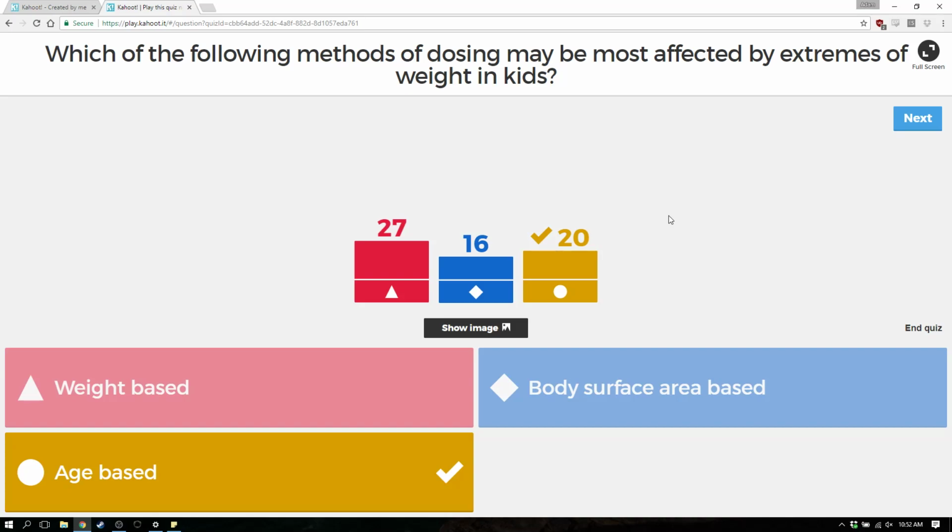Just remember, their height, right? So you're factoring in their height and their weight into the body surface area calculation, so that helps to lead to those changes in weight having less of an effect on that, right? So it's very easy if you're just doing age-based dosing to under or overdose kids by even moderate shifts in weight, okay? So good to remember those shortcomings for the different dosing methods.